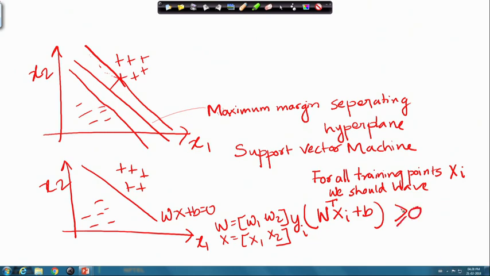So, the plus points are on the plus side, minus points are on the minus side. In fact, this is equivalent to scaling w and b so that the minimum value is not just 0, but 1. So, this was our constraint. And then we maximize the margin while satisfying that constraint.